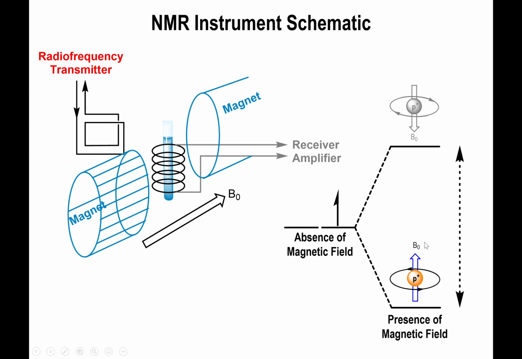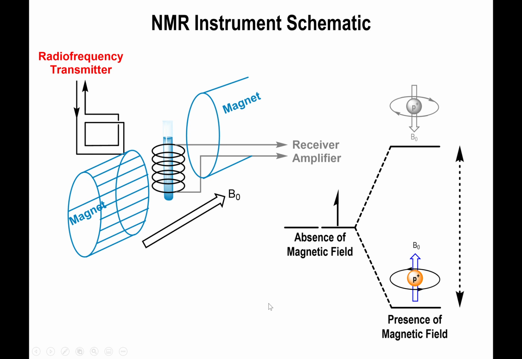Because the spins can either be upspin or downspin, you create two different energy states. The case where you are lining up with the magnetic field of the magnet is the lower energy state, the more stable. But if you align with a spin that's opposite to that of the magnet, you create a situation that is less stable, and this is the higher energy state.